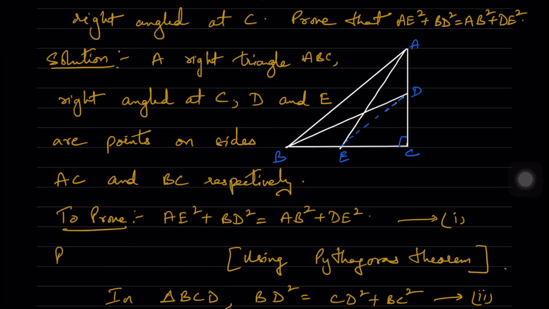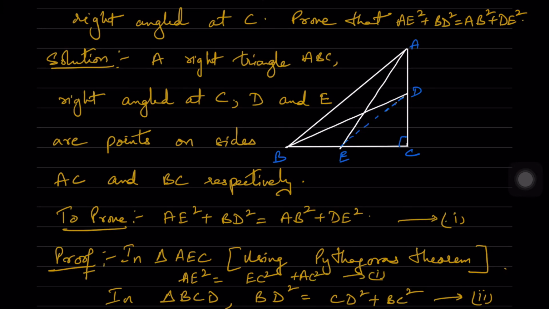Here in the proof part, in triangle AEC, using Pythagoras theorem, we have AE square is equal to EC square plus AC square. Take this as equation 1.